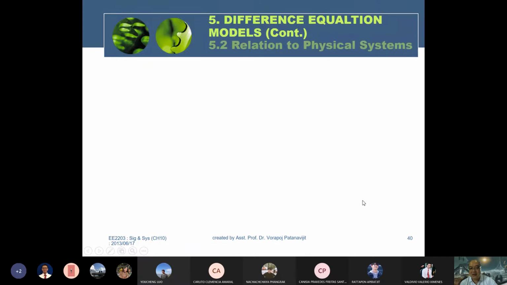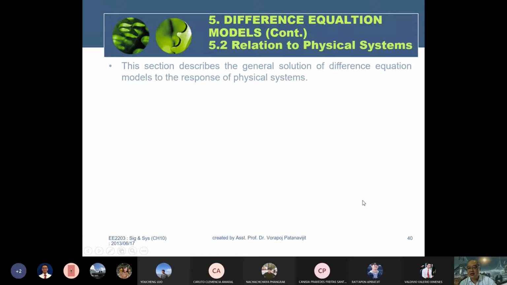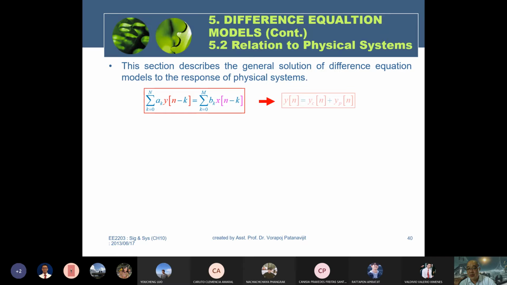Now, the next one, after you know about the difference equation and the response yp and yc, the next step you must try to relate the mathematical equation and the physical world. This section describes the general solution of the difference equation model to the response of the physical model.